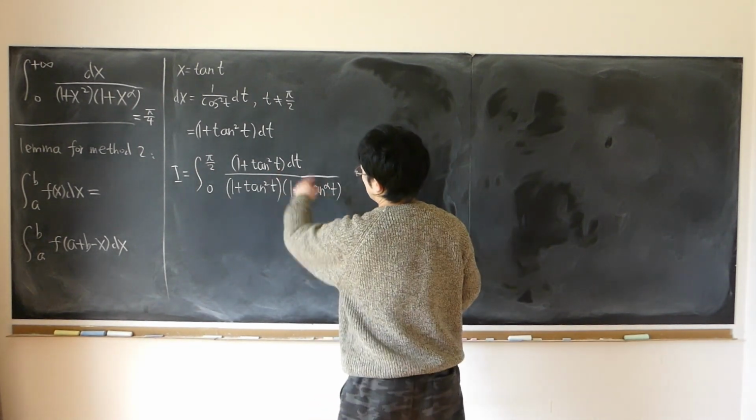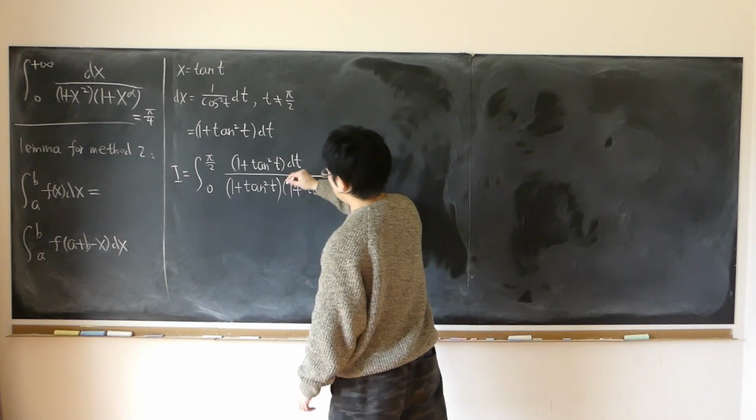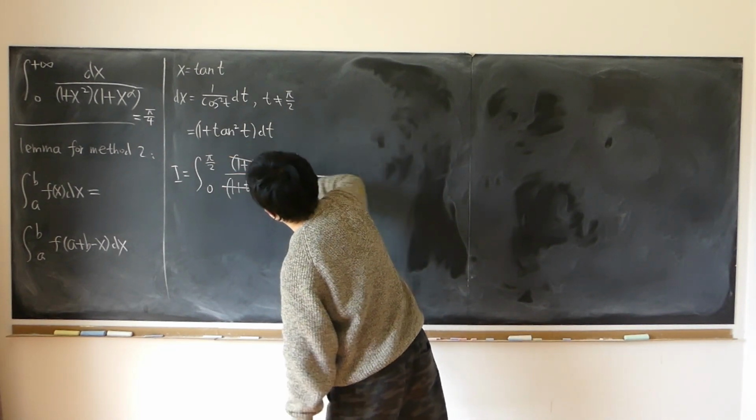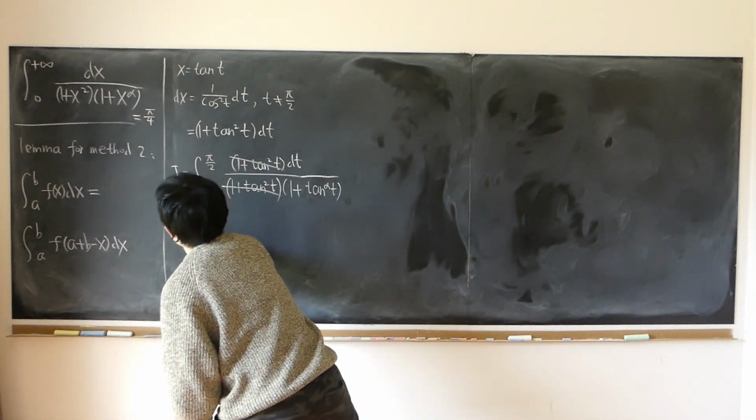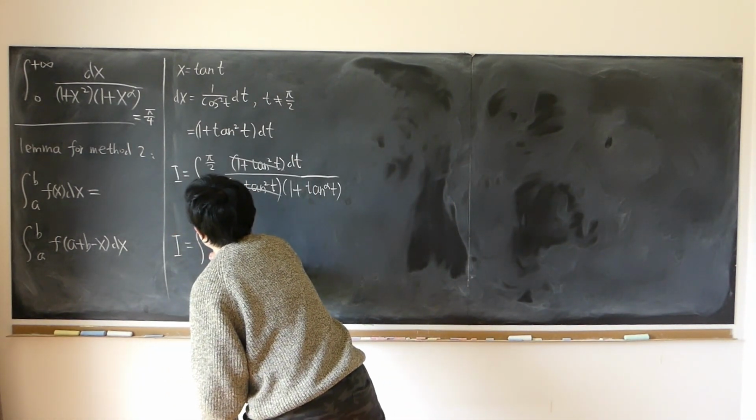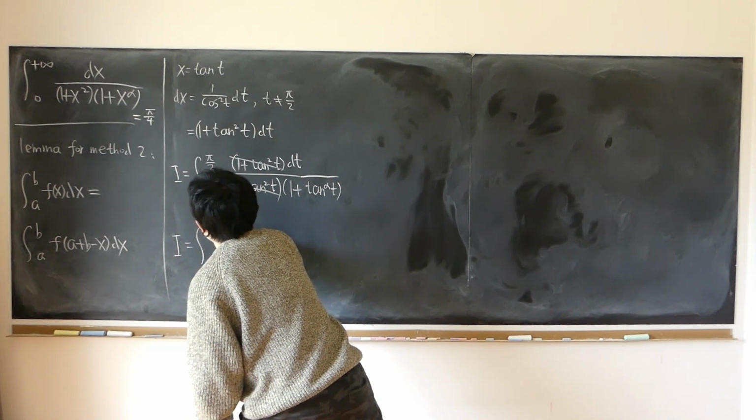All right, then we can just cancel out 1 plus tangent squared. We're only left with this part.